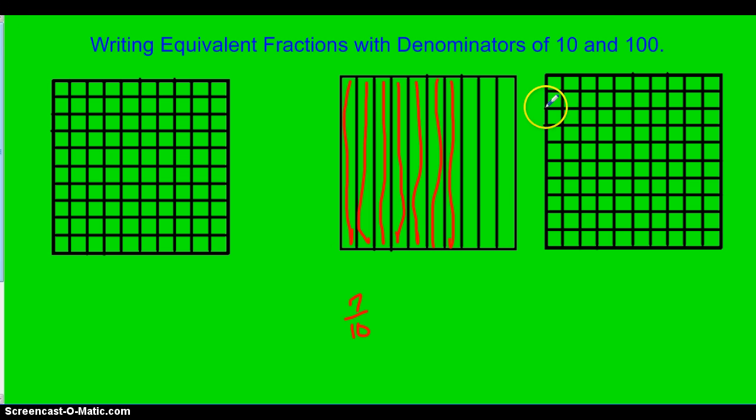So in order to show that same amount, I'm going to need 2 of those parts, or 2/4. These two are the same amount, even though they look different, because of the number of parts we divided the whole into.